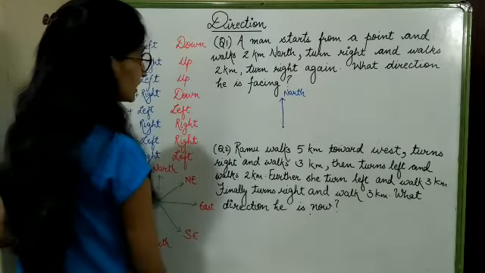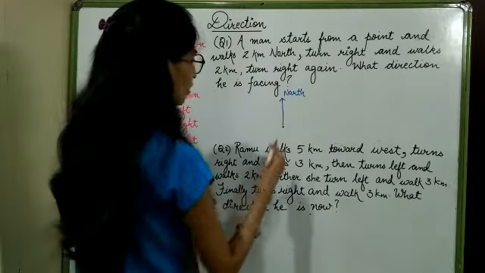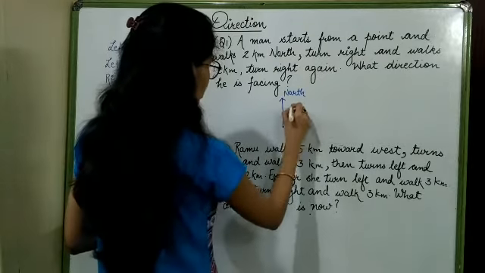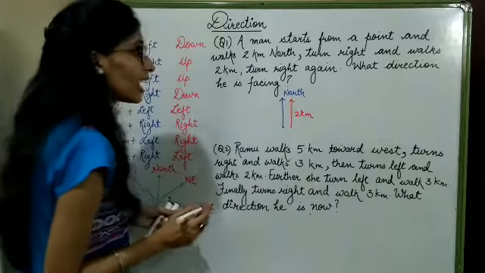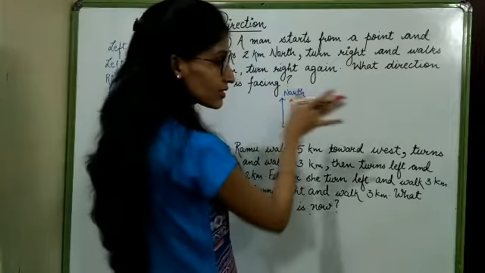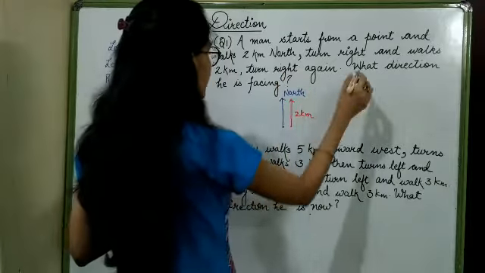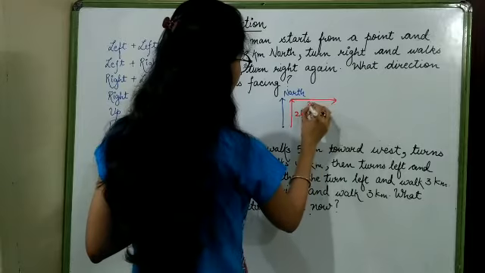So in the question it is, a man starts from a point and walks 2 km north. So the man has walked 2 kilometers, then turns right. If I am standing like this, this will be my right. Turns right and walks 2 km again.